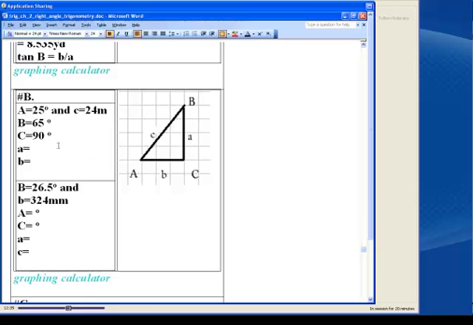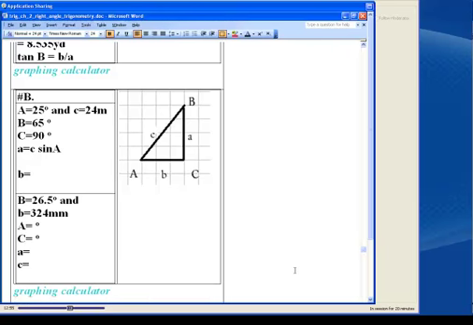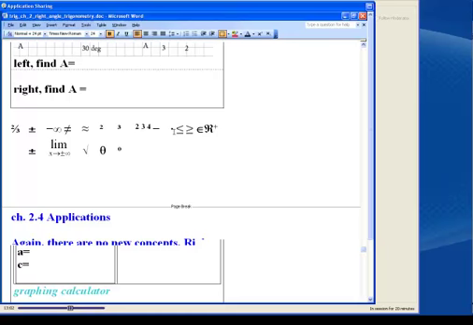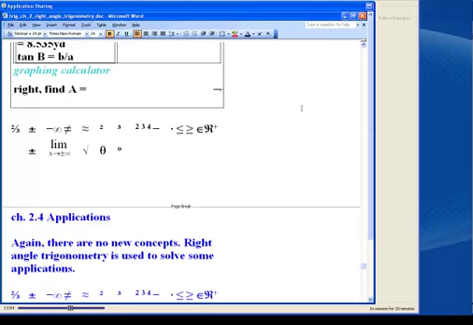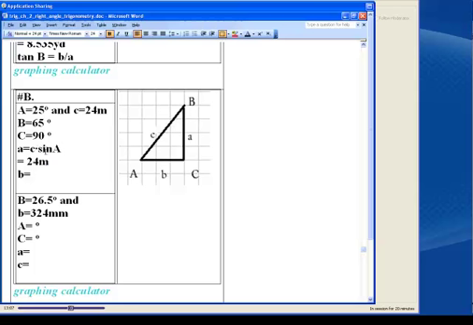So in this case here, it's going to be sine A equals A over C, or A equals C times sine of A, which is going to be, so you go to one more line here, equals 24 meters times sine of 25 degrees.